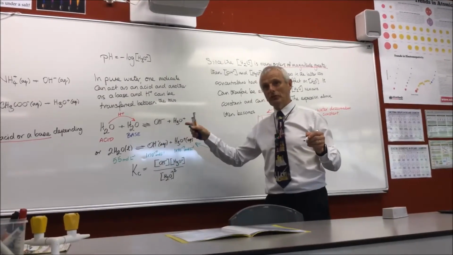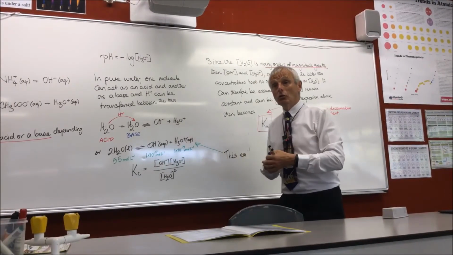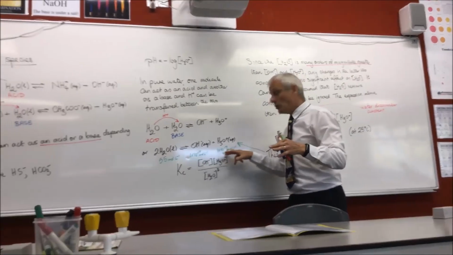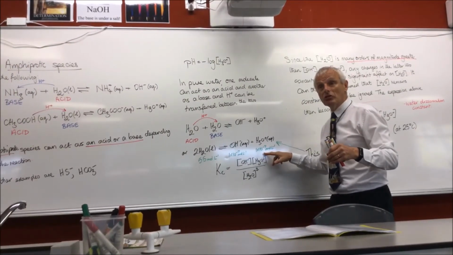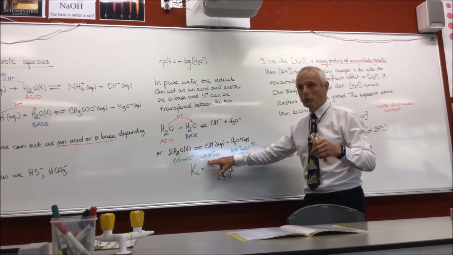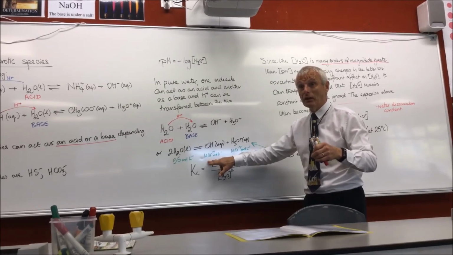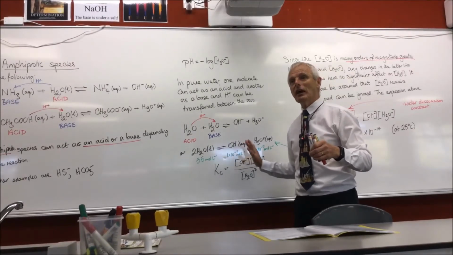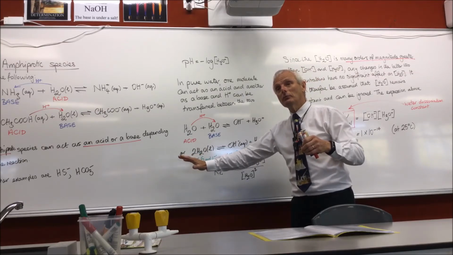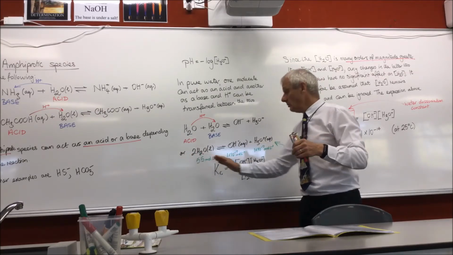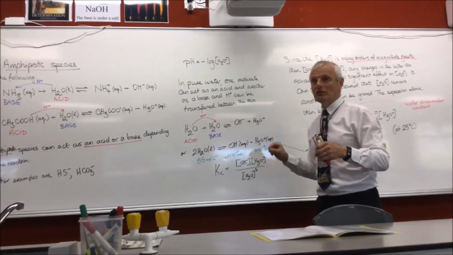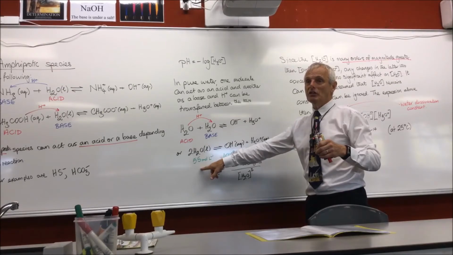So under normal conditions, with no acid or base there, you've got equal concentrations of these, but they are really, really small. That's 1/10,000,000th of a mole per litre, whereas this is 55. So that's 8 orders of magnitude greater. So to all intents and purposes, there's nothing there in terms of significance.